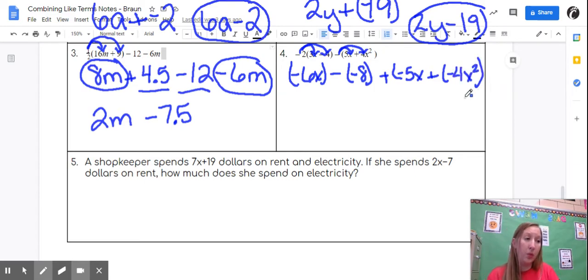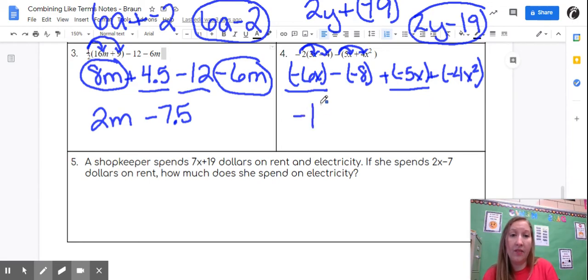All right, so then when I go to simplify this, I am going to look for my like terms, look for my variables. I have negative 6x plus negative 5x, which will give me negative 11x.